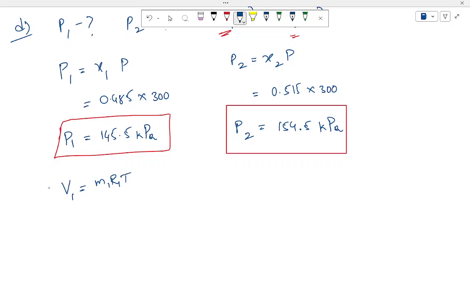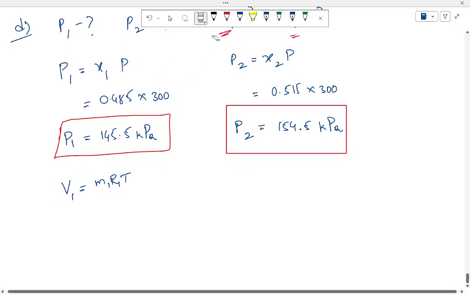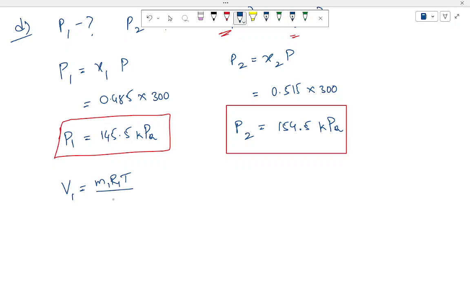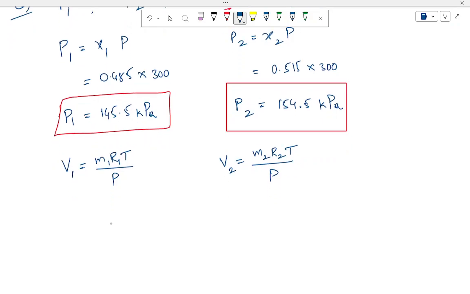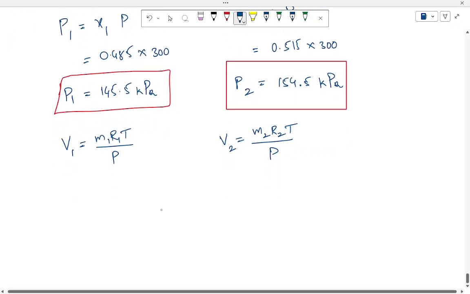We have taken the P that we have written here. I am directly taking this P and writing it here in the denominator. Similarly, I will write it for V2 as well. M2R2T by P. So these are the formula for V1 and V2.